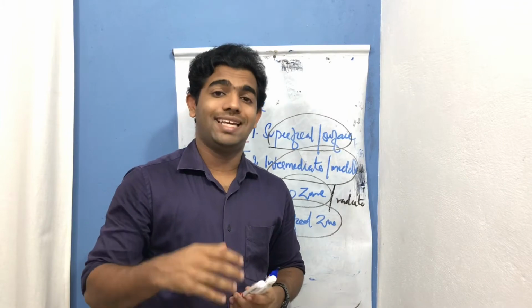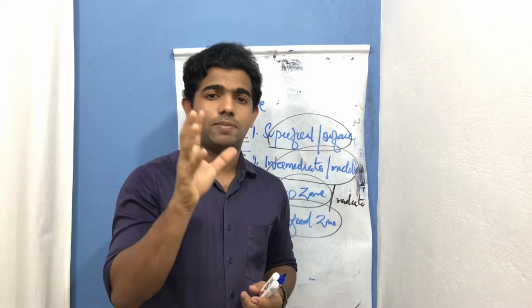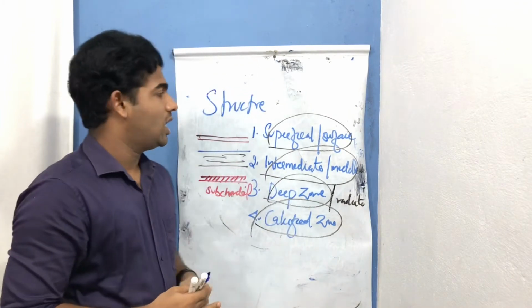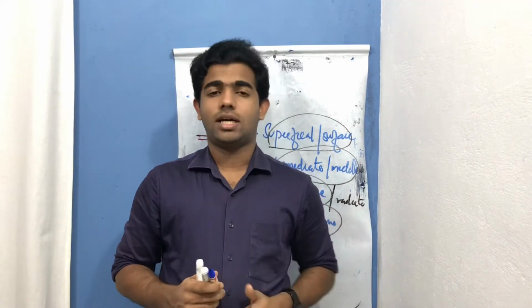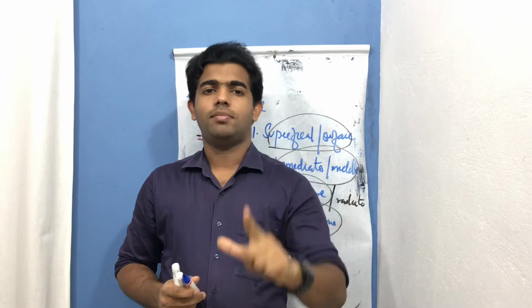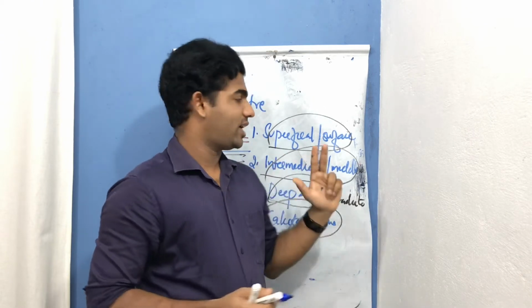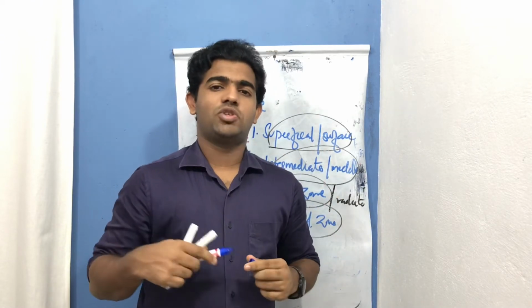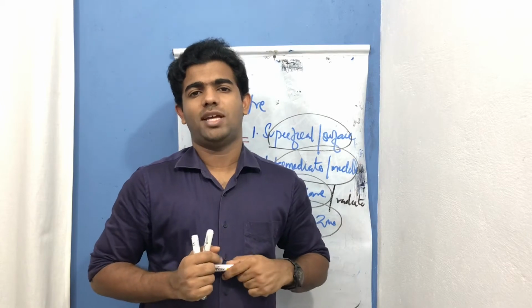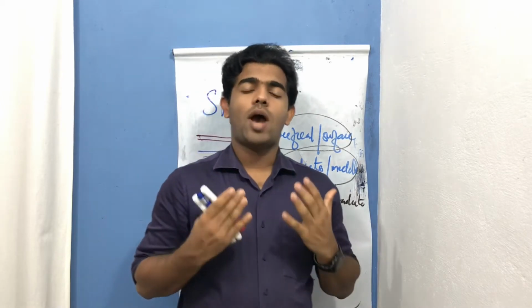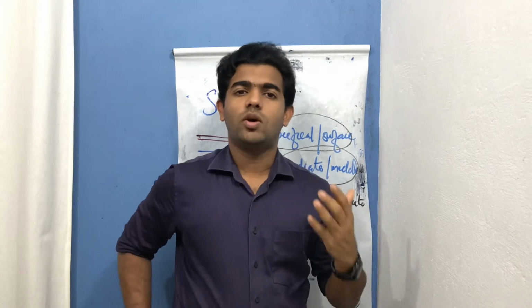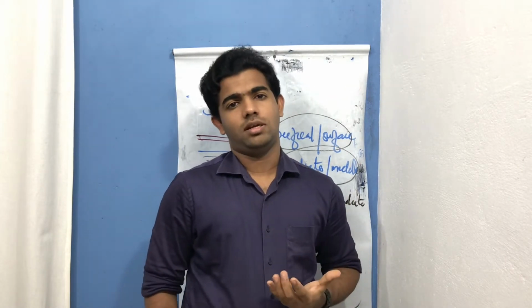That's all about the brief structure of the cartilage, where in the biomechanics of cartilage we had an introduction, then the composition and structure of the cartilage. Why is the structure important? The recent study says that in osteoarthritis, there is a loss of these layers of cartilage.